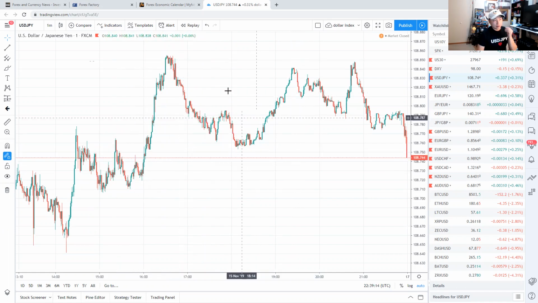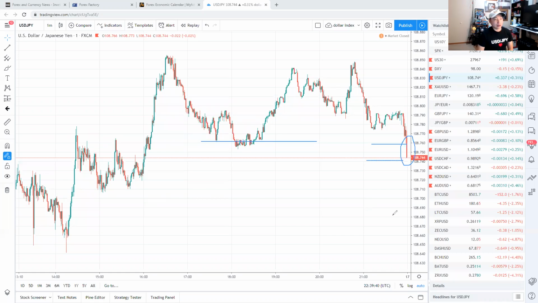Obviously, there was a lot of resistance at 108.85. Coming back down, you can see this really strong bearish candle breaking through the support price here at 108.76, breaking down to 108.74 at closing.